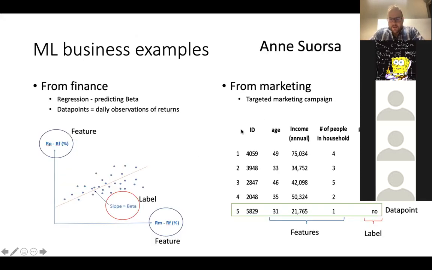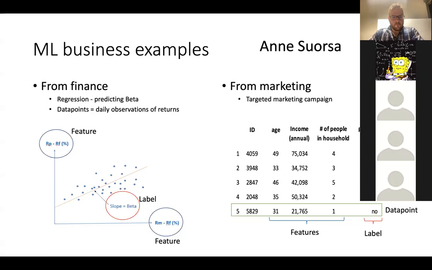Okay, then another example. Anne, could you maybe focus on this example from finance? What are the data points here? Yeah, sure. So at least for me as a finance student, machine learning is the easiest to understand as a regression problem. And here in the picture, I'm trying to predict beta, so the systematic risk of an asset with respect to the market as a whole, or the slope of the line in the picture.